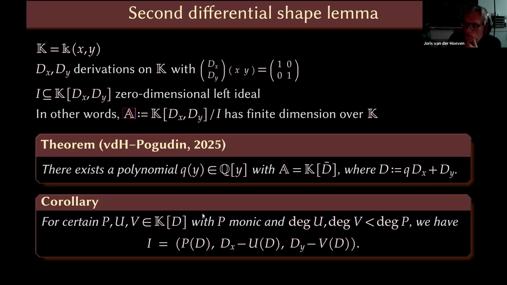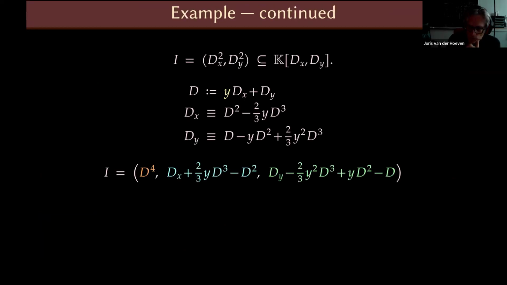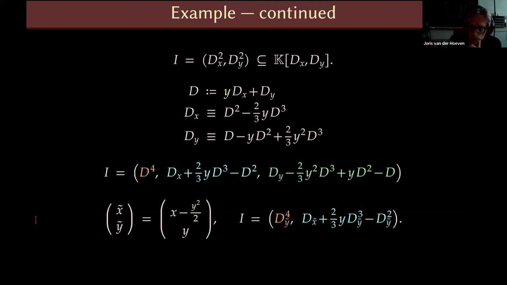So this is really like the classical shape lemma. If we now go back, for instance, to this example, here you can see it. Here the degree is exactly the dimension of the solution space, and here we have dx minus something of degree at most 3. Here it had degree 3.